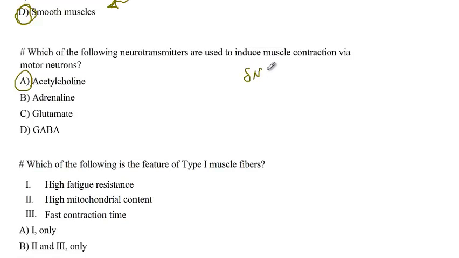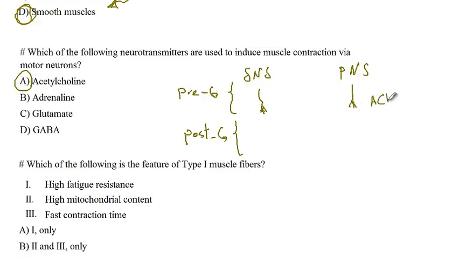So you know how we have the SNS and PNS, then we have pre-ganglionic nerves and post-ganglionic nerves. Both the pre-ganglionic nerves of the PNS and SNS rely on acetylcholine. But the post-ganglionic nerves are the ones that actually induce the effect.